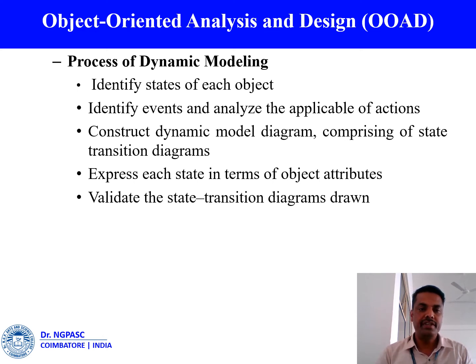The next step is to express each state in terms of object attributes. The final one is to validate the state transition diagram. These are the important steps of the dynamic modeling process.